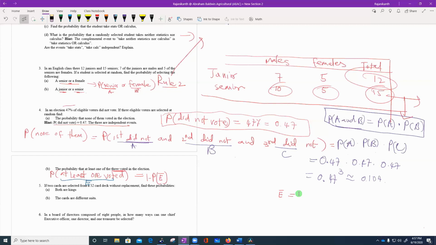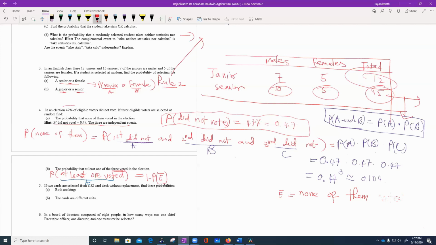But I'm asking you the negation of that. The negation of at least one is always going to be none of them. Oh, yeah. I see. I didn't even think about that one. So keep in mind, the complement of at least one is none of them. None of them voted. So that is the event E bar.